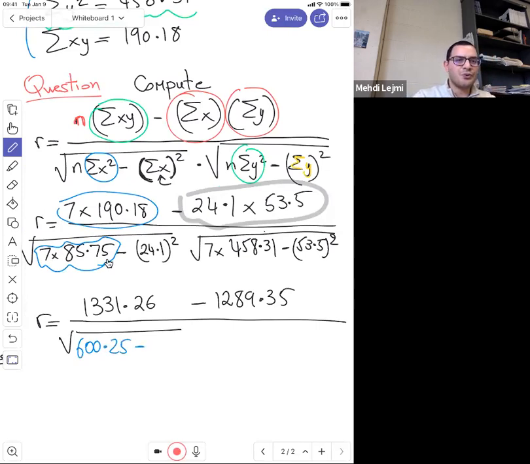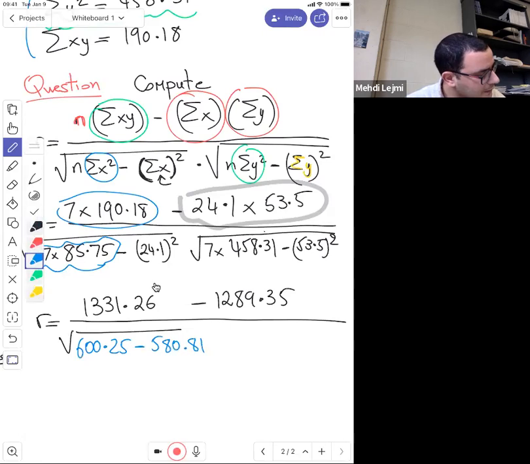So we do 24.1 times 24.1, and that will be equal to 580.81. Of course, there's a square root right there. That's the first square root.